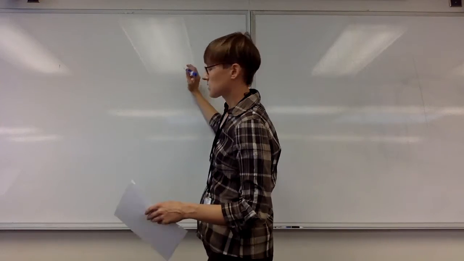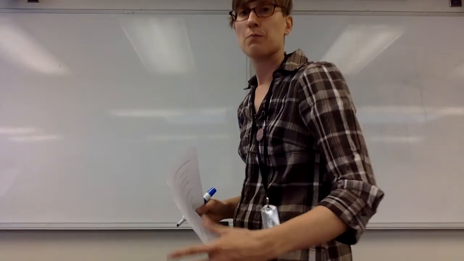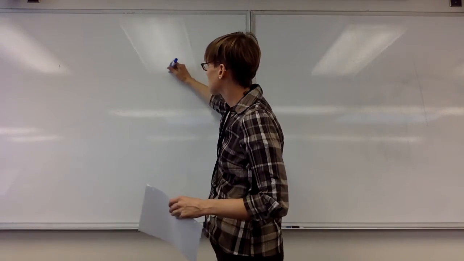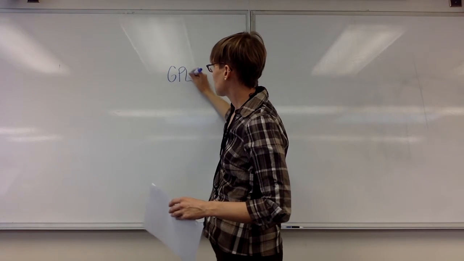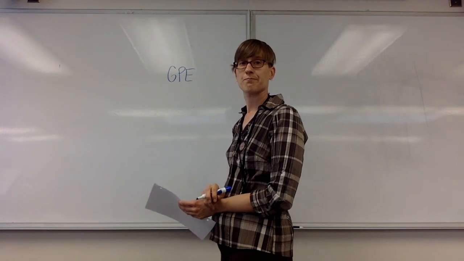What we're going to look at right now is how to calculate both kinetic and potential energy. So in your problem set, you dealt with potential energy. We're going to be dealing with today gravitational potential energy.